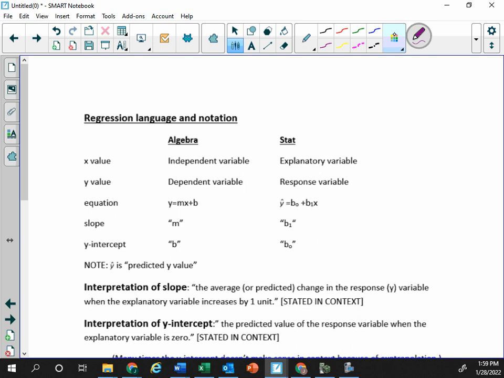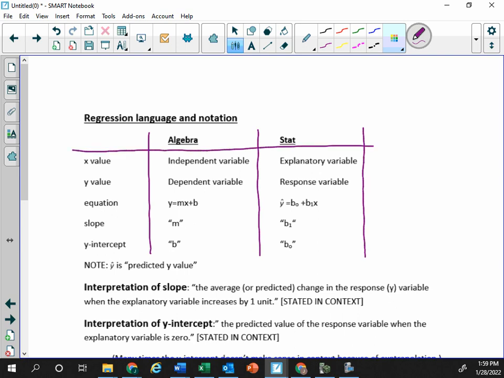All right, guys, so now this is talking a little bit more about the regression equation, the line of best fit. This is just a comparison of what you saw in algebra, and over here is what we're seeing in stat. The x we used to call the independent variable, now it's the explanatory variable.